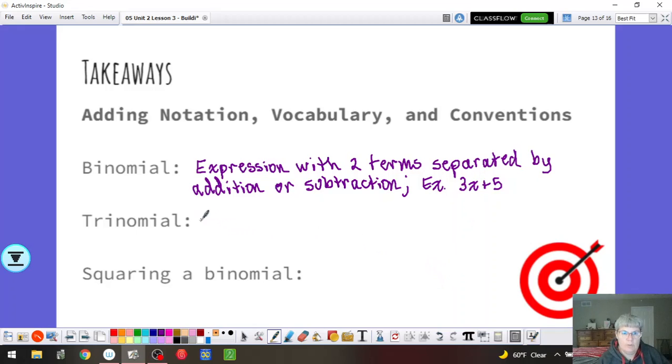A trinomial is an expression with three terms, separated by addition or subtraction.